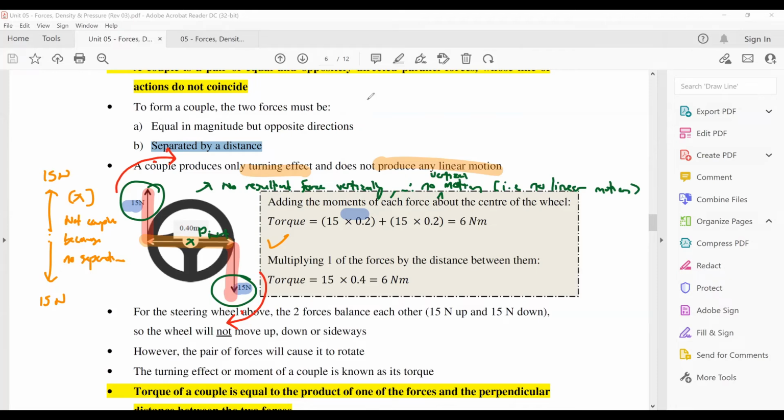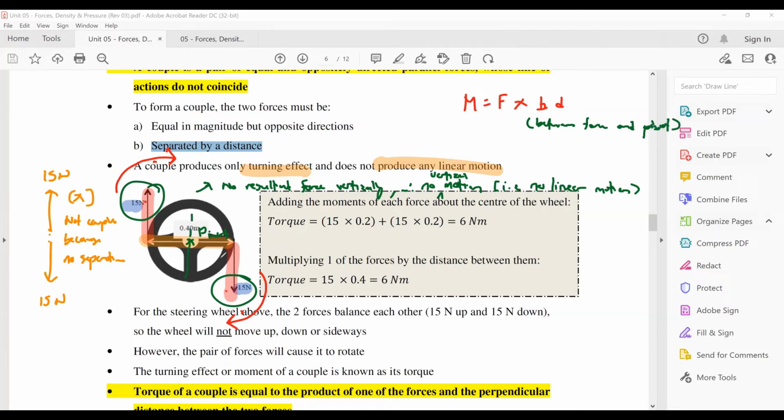So if I wanted to find out what is the resultant moment or torque caused by this pair of forces, I could make use of what I used earlier, where I told you that moment is force times perpendicular distance. This one here is the distance between the force and pivot. This was the one that you learned before this.